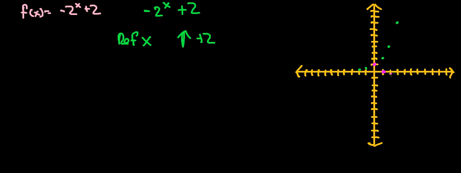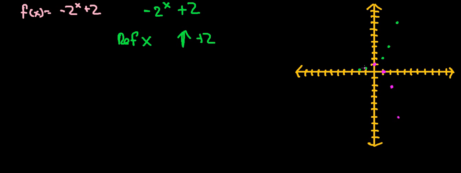For x is equal to 2, y is equal to positive 4. Reflected across the x-axis, that is going to be minus 4, and then shifted up 2 units. For x is equal to 3, y is equal to 8. Reflected across the x-axis, it's going to be minus 8, and then shifted up 2 units, it'll be minus 6.